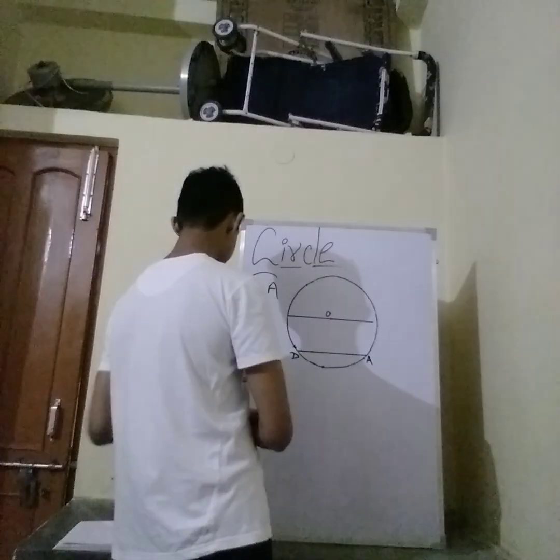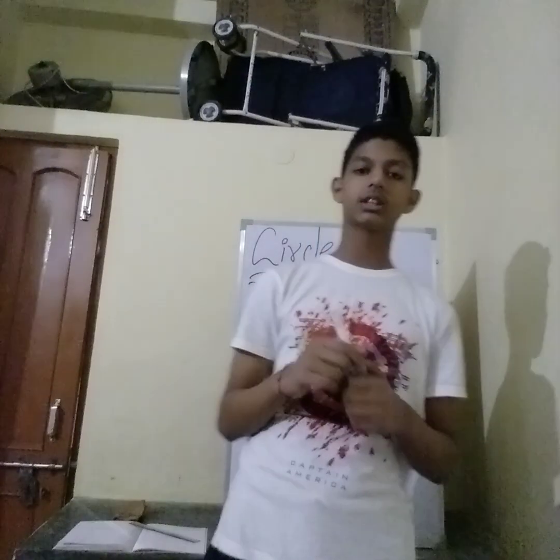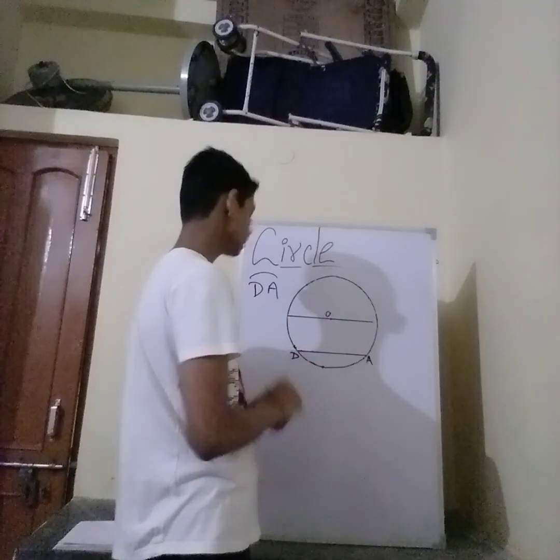Segments are of two types, major segment and minor segment. If we obtain our segment with a minor arc and the chord joining the two points, then it will be a minor segment, and if we obtain our segment with a major arc and the chord joining the two points, then it will be a major segment.